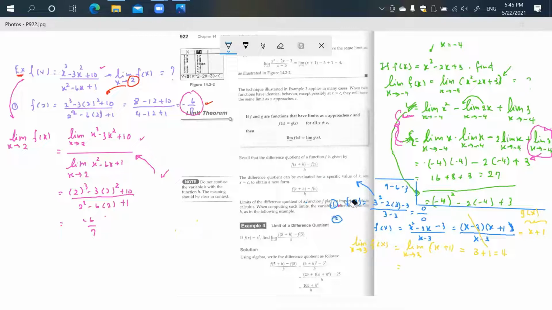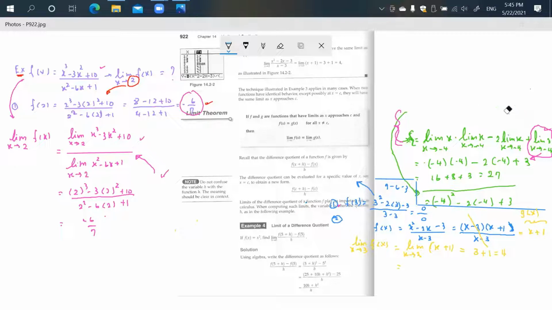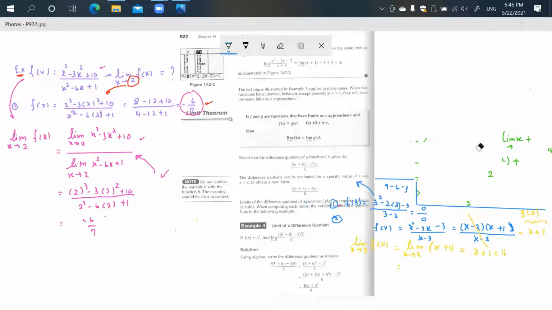Now I think I need more space, so I erase all on the right hand side. Maybe erase all. Yes. Leave it that way.